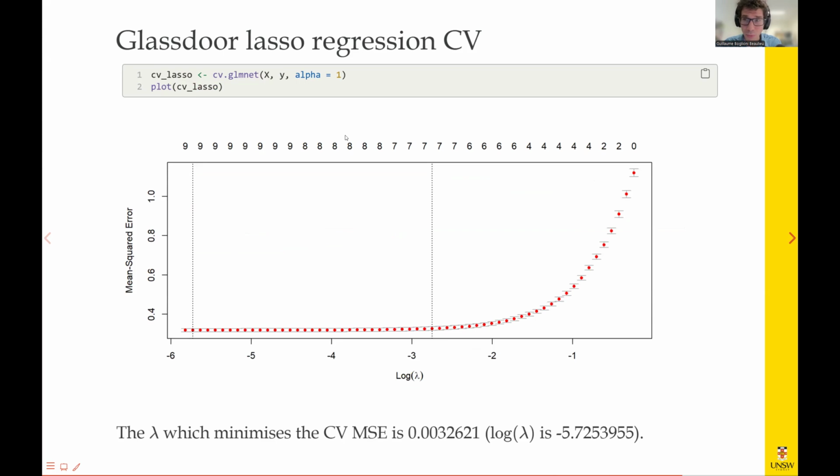If you want to find the optimal lambda, you use, again, cv.glmnet with x, y, alpha equals 1. Then you plot this object, cv lasso, which is your model, and again it looks like the optimal lambda is on the smaller side of the spectrum that is tested.